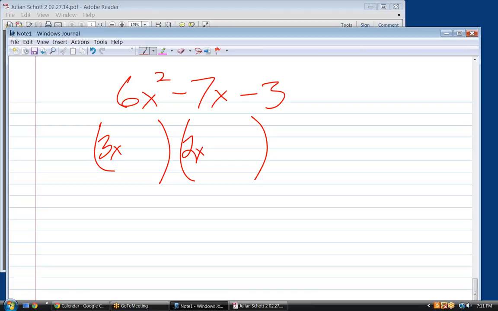However, now everything is different. I not only don't have a coefficient of 1 in front of each x, but I have a different coefficient from the other one. This one's 3, this one's 2. However, the next step is still to figure out my signs. What does that mean about my signs?